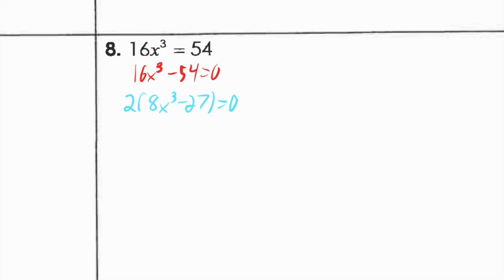These are both perfect cubes, so 2x is a cube root and 3 is the cube root. And so I'll follow that pattern of doing 2x minus 3, times 2x squared, which is 4x squared, plus a times b, or 2x times 3, which is 6x, plus b squared, which is 3 squared, which is 9.